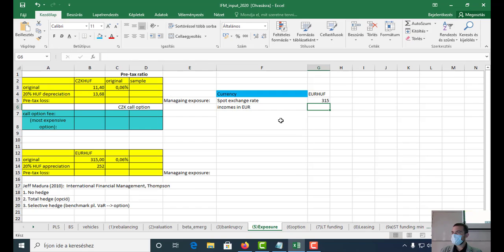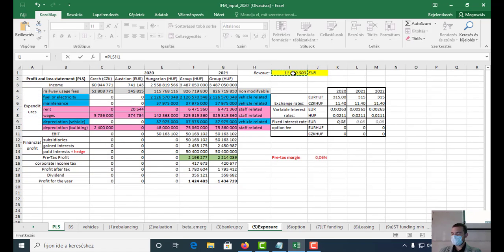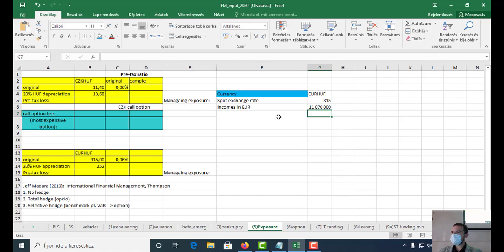Incomes in euro, so let's say that we have this 11 million. We don't have to type it here, just use the equals sign. So lots of incomes in euros, and also we have some expenditures.